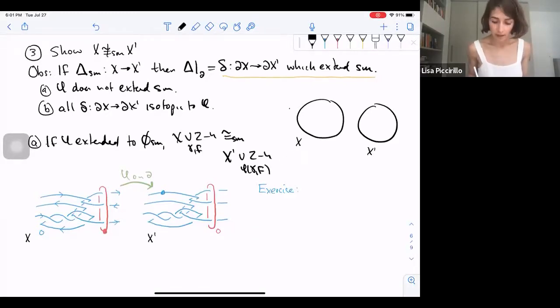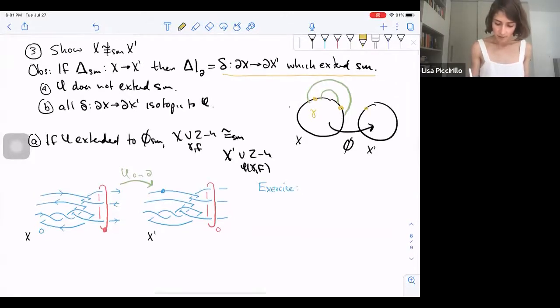So let me draw that in the schematic over here. You choose any gamma you like in the boundary of X, and you attach a two-handle to X. There. So now we're supposing that I had a diffeomorphism from X to X prime. And we're considering X prime with a two-handle stuck to it along phi of gamma.